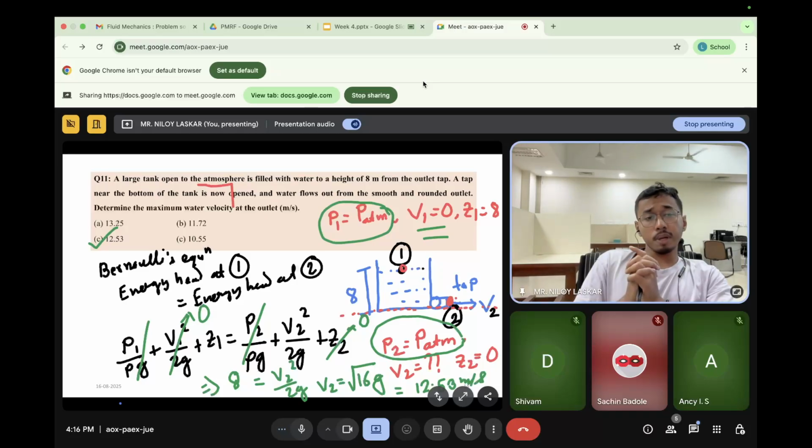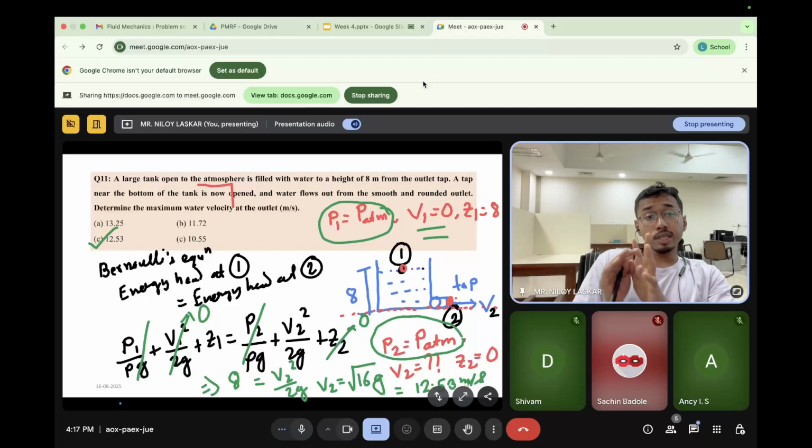And if only velocity is given, or no height is given, then maybe you need to apply the continuity equation. So basically in most problems you have to find the solution using either the conservation of mass equation, that is the continuity equation, or Bernoulli's equation. If you know this concept clearly, you will be able to solve each and every such question.